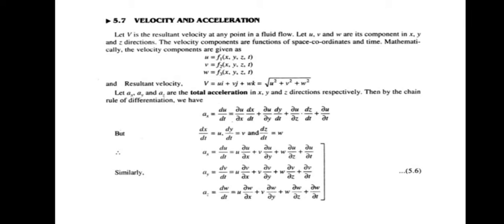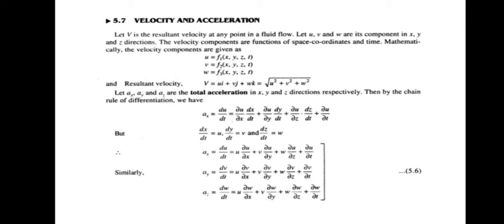Small v is equal to f2 function of x, y, z, t. Similarly, small w, the velocity component in z direction, is the f3 function of x, y, z, t. So the resultant velocity is equal to u i plus v j plus w k, where i, j, k are unit vectors in x, y and z directions respectively.